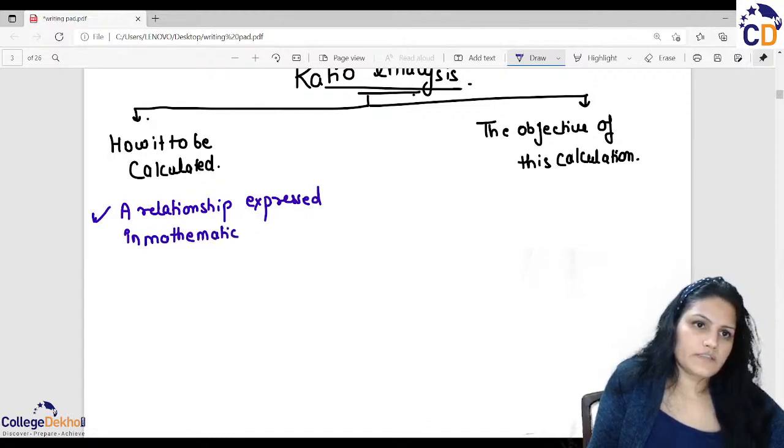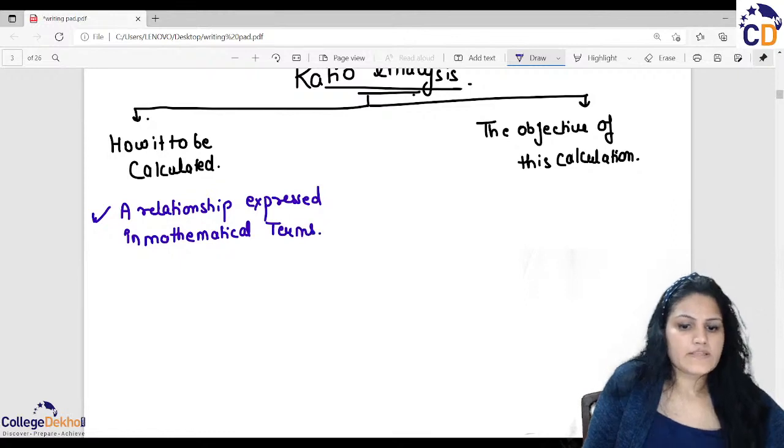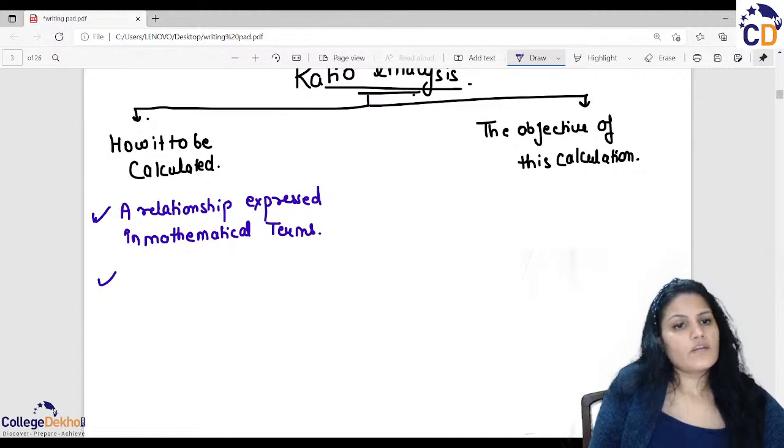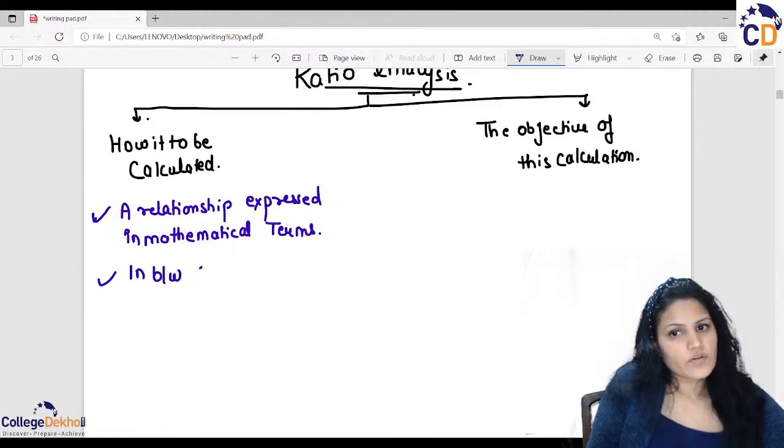Second, in between two individual figures.